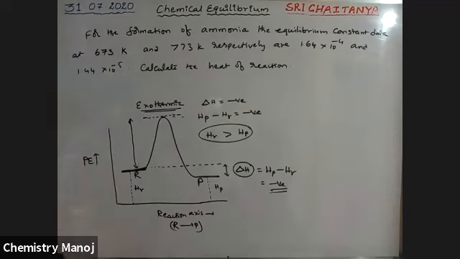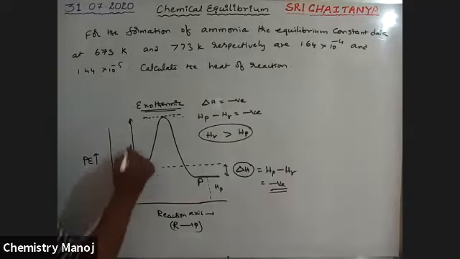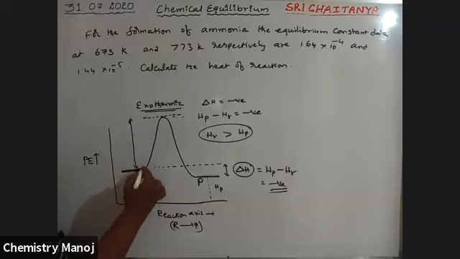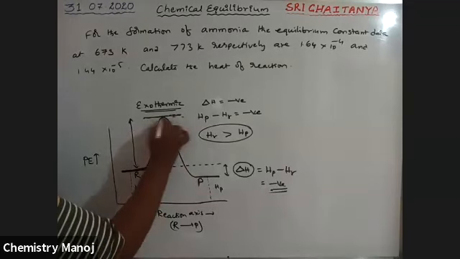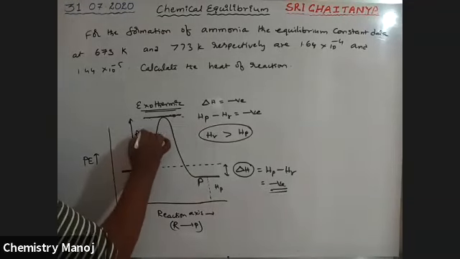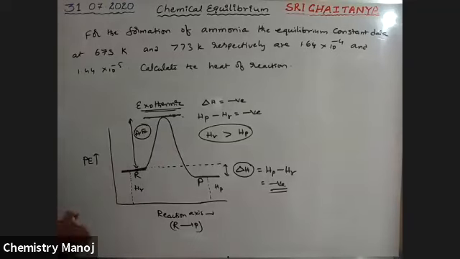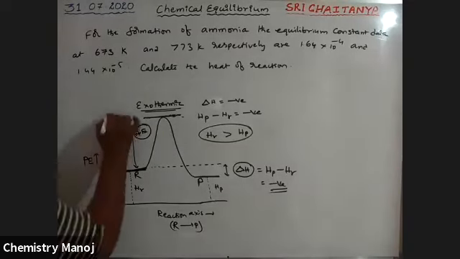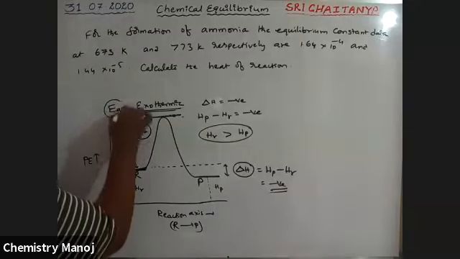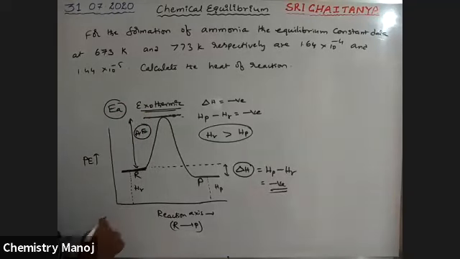That energy is absorbed from the surroundings or elsewhere. Therefore, this additional energy required to cross the energy barrier is called the activation energy of the reaction, indicated with Ea.